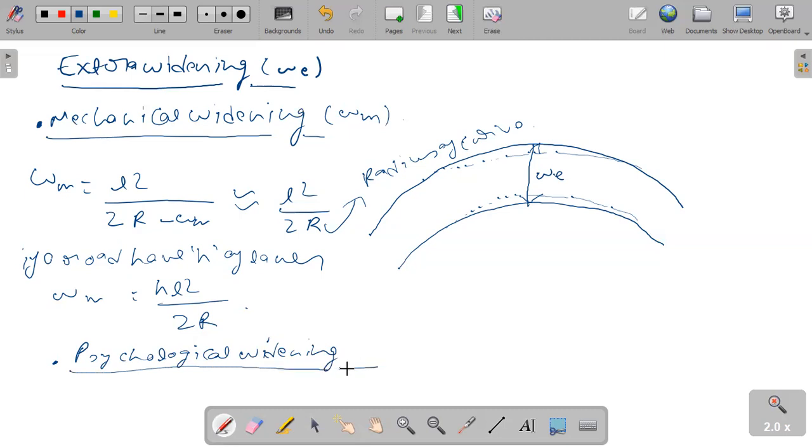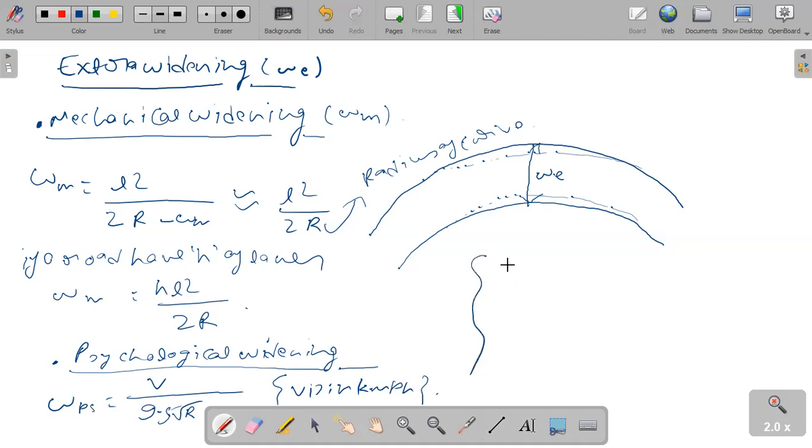Why do we give psychological widening? Because on roads there is a tendency that drivers will drive their vehicle near the edge of the carriageway. So for the ease of drivers, we give a psychological widening, which is equal to Wps equal to V upon 9.5 under root R, where V is in kilometer per hour.